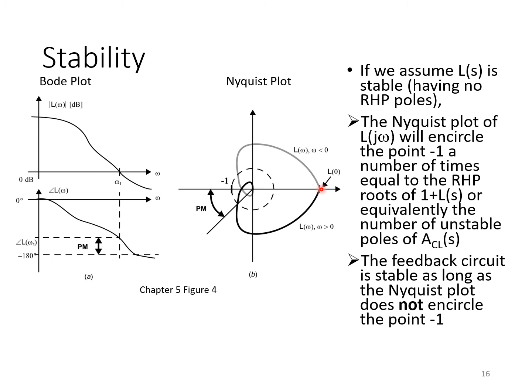Then as frequency increases, we trace out this solid dark black line because the phase response starts going negative. So we go to negative phases, and the magnitude response starts gradually decreasing, and the phase continues to decrease even past negative 180 degrees. But by that point, the magnitude of L is below unity, so we're inside the unit circle here, and it just spirals in towards the origin.